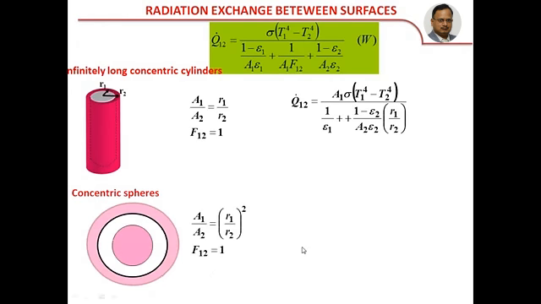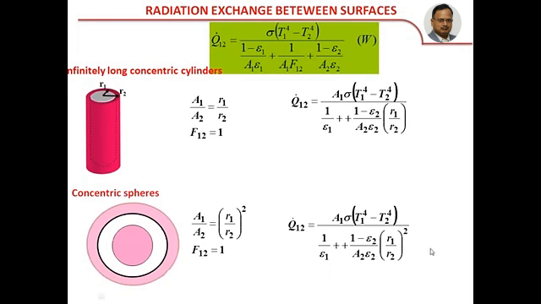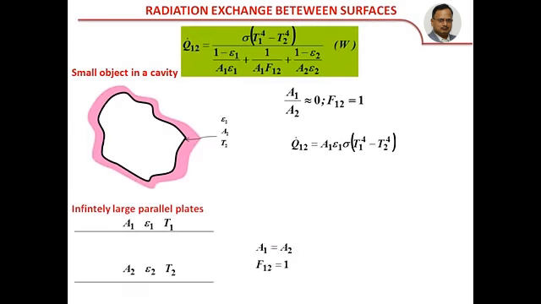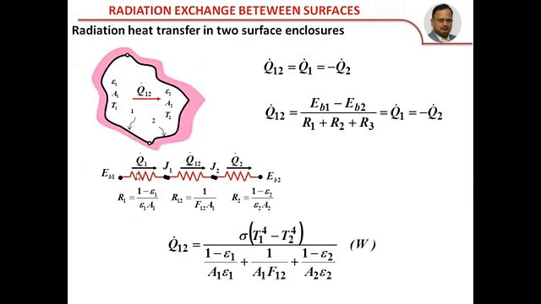Concentric spheres are there, same analysis, you will get another expression like this. So my advice is not to learn all these formulae by heart. You remember only the two resistances that are encountered in radiation heat transfer. One is surface resistance and one is shape resistance. Draw the resistance circuit like this between 1 and 2.